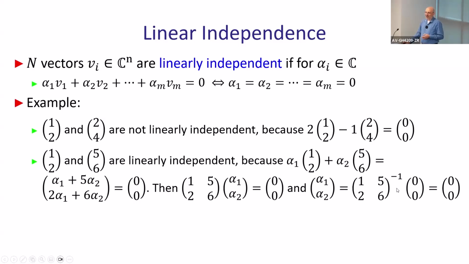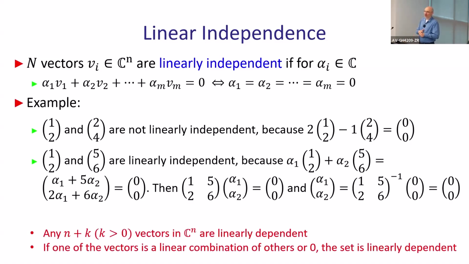It's an invertible matrix times 0, so it's 0. So the only coefficients alpha 1 and alpha 2 that solve that will be 0 and 0. These are linearly independent vectors. They're not proportional, and they're not linear combinations of each other. Any questions on that?